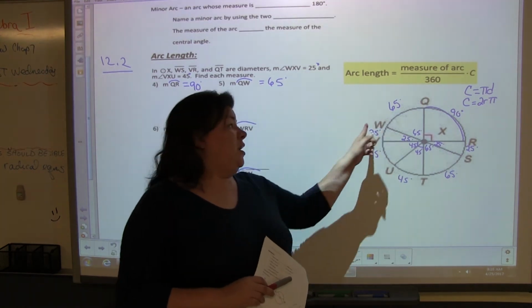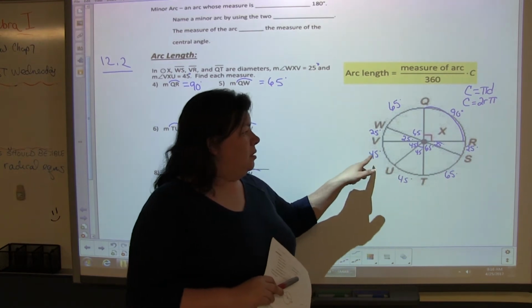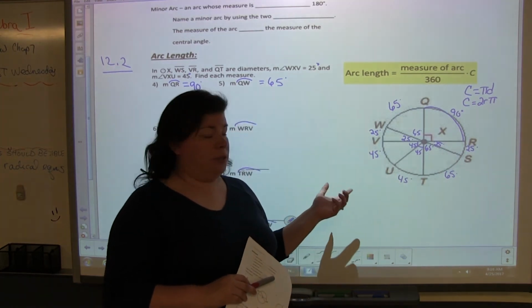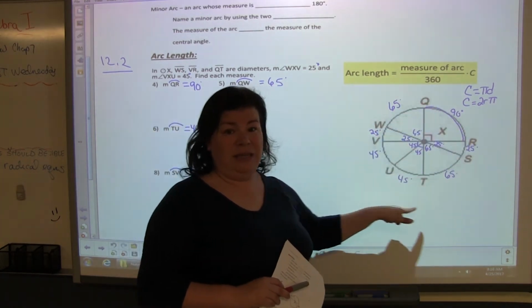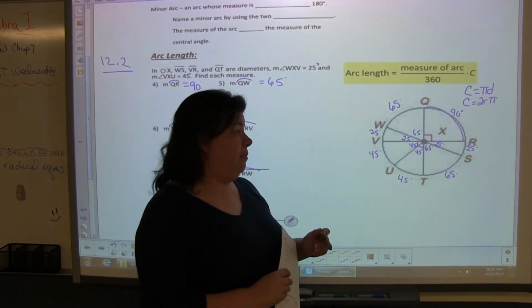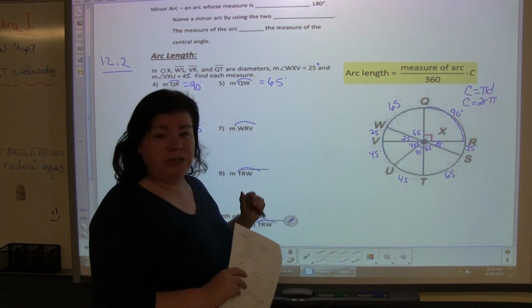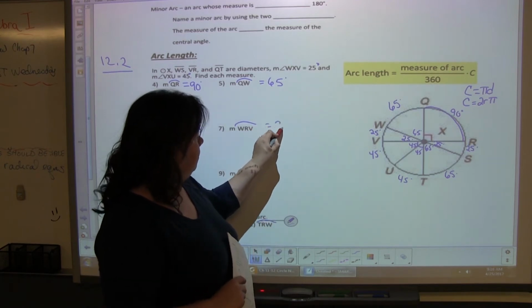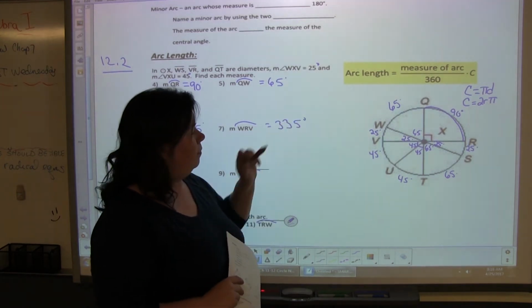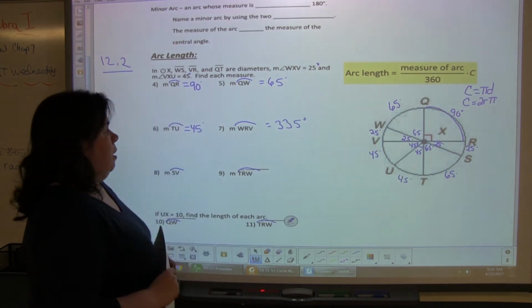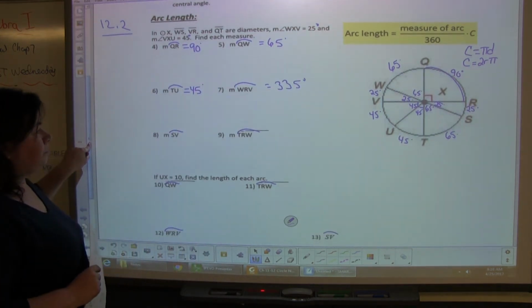So instead of adding up all of these individual arcs, you can actually take 360 and subtract 25 from that. So 360 minus 25 would give us 335 degrees. Okay. All right, moving on.